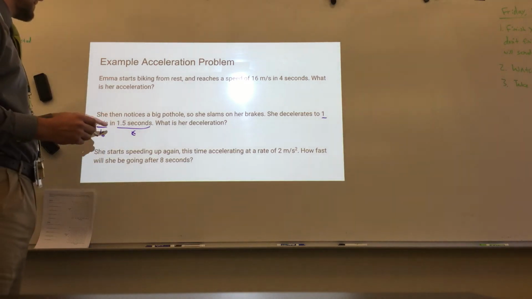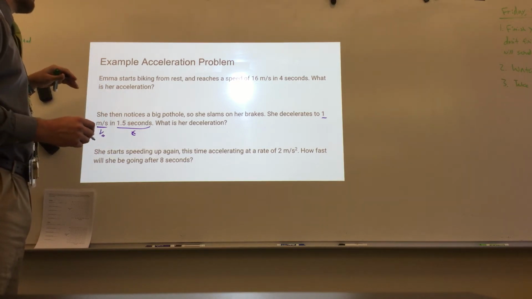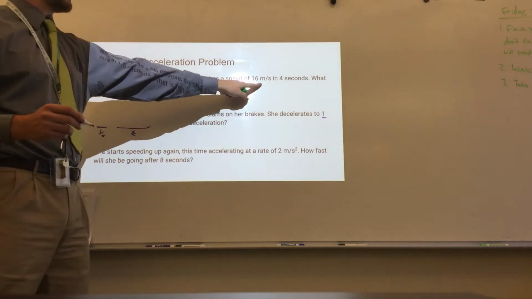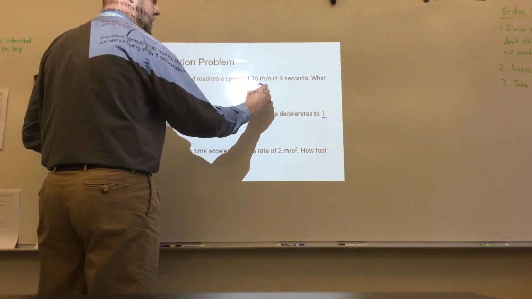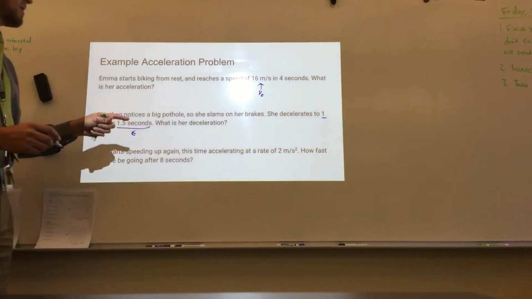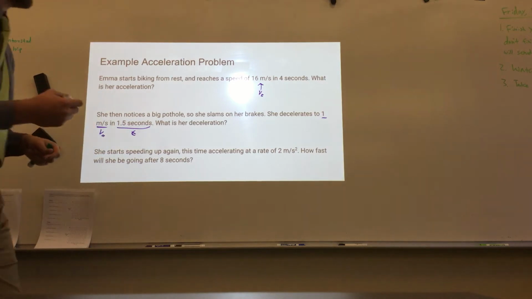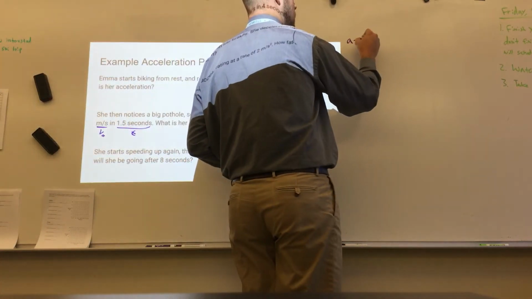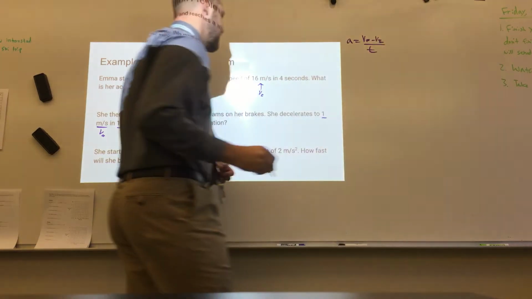The other thing you need to realize is that you're using the information from the previous problem. She had reached that speed of 16 meters per second, so that has now become her initial velocity in this problem. Notice it was the final velocity in the first part, now it's the initial velocity. So a equals vf minus vi over t.